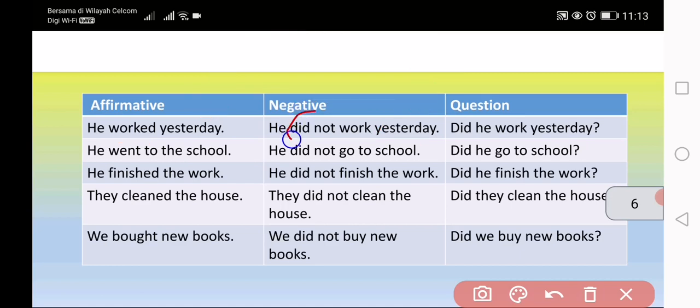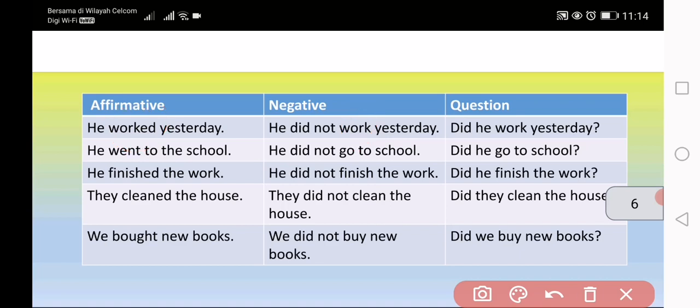Did dengan not. Did not. Okay, like I always mention, after did, you must use base form. Selepas did, mesti kata asal. He did not work. Sebab tu kita tak boleh letak worked macam ni. Kita tak boleh letak ed kat sini. Dia jadi work. Base form.